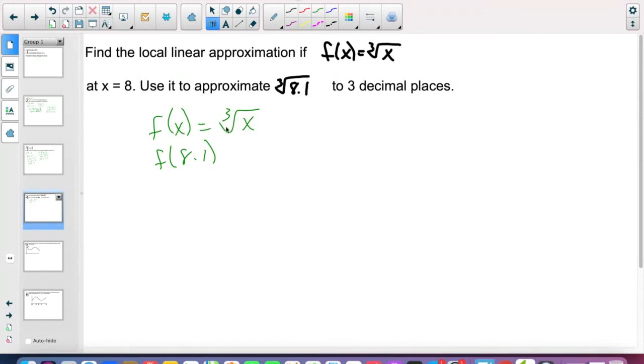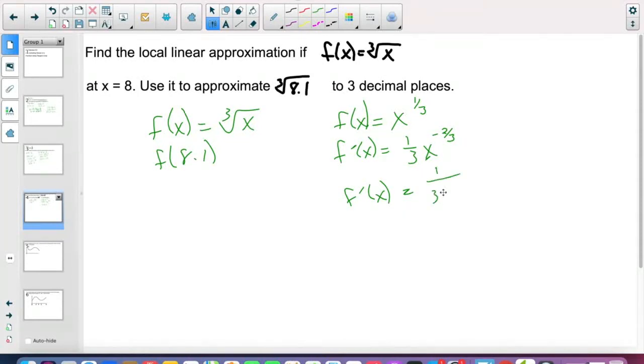So if f of x equals the cube root of x, to take the derivative of that, I'm going to rewrite it first. That's x to the 1/3. And then that means that f prime of x, the derivative, would be 1/3 x to the negative 2/3, which means f prime of x is equal to 1/3 times x to the 2/3 in the denominator.